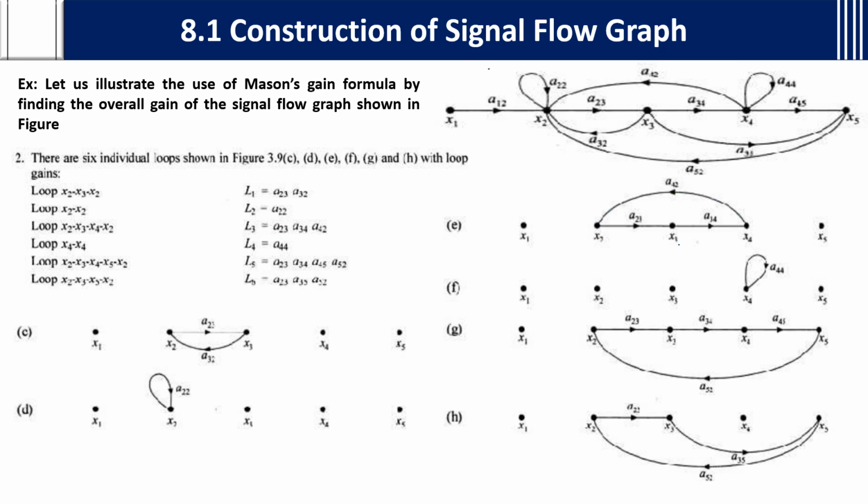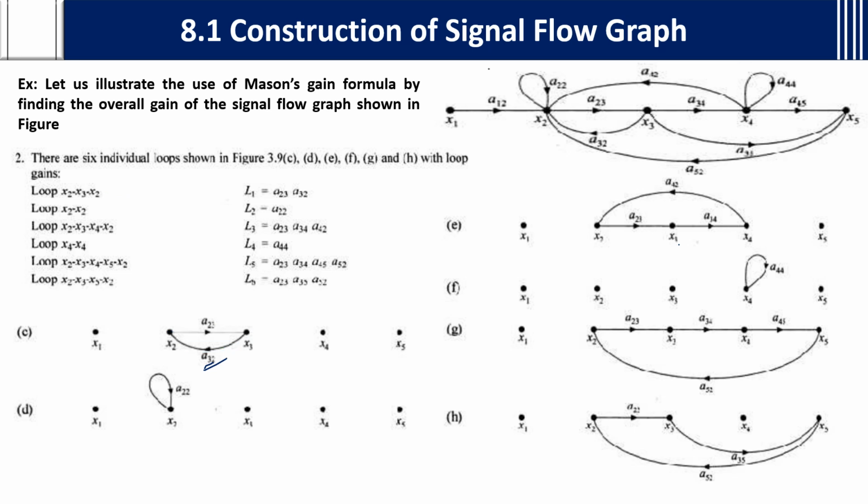Here X2, X3 and X2. This is one loop, no? Forward and backward. So X2, X3 is the first loop. You will get A23 and A32 as the gain. We need to multiply these two, A23 and A32.